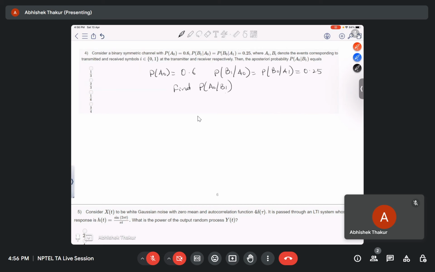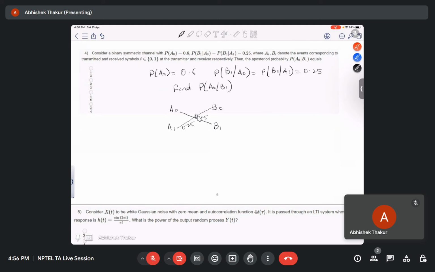So first try to understand what a binary symmetric channel is. So A naught, A1 here, B naught, B1. So probability of B1 given that A naught has occurred is 0.25, and probability of B naught given that A1 has occurred is also 0.25.